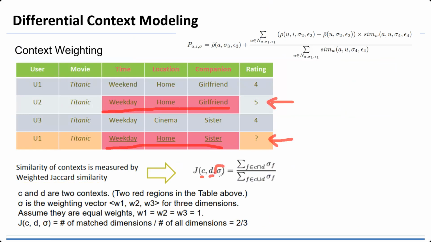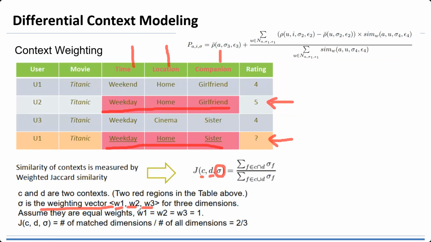And then tau is the weighting factors, because I have 1, 2, 3. So I would like to put weight 1, weight 2, and weight 3. Let's just assume that every attribute is important. Then weight 1 is the same as weight 2 and weight 3, equal to 1.